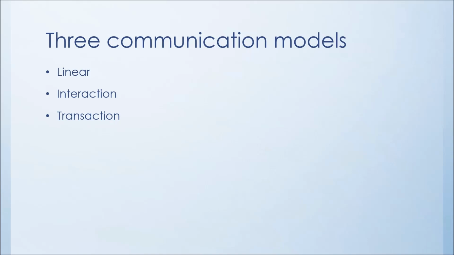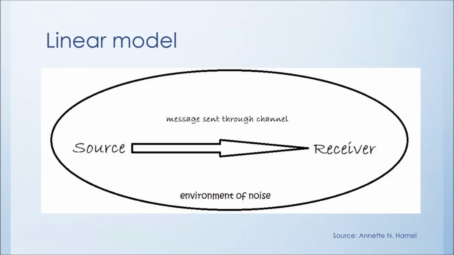So LIT, linear, interaction, transaction. Let's start by examining the linear model of communication, which gives us a visual representation of one form of communication. The first model of communication, the simplest of the three, is the linear model.